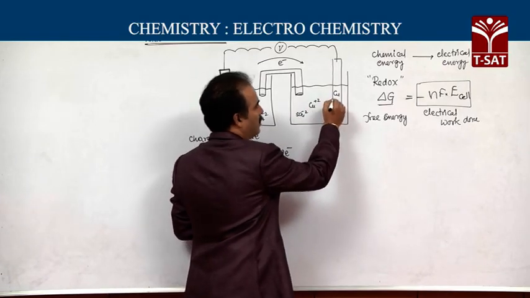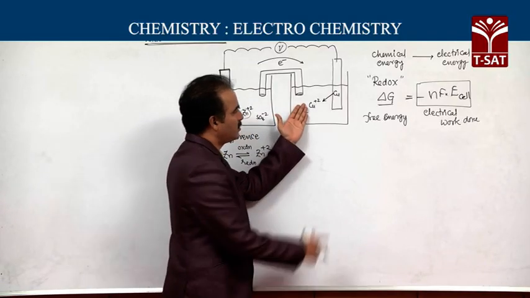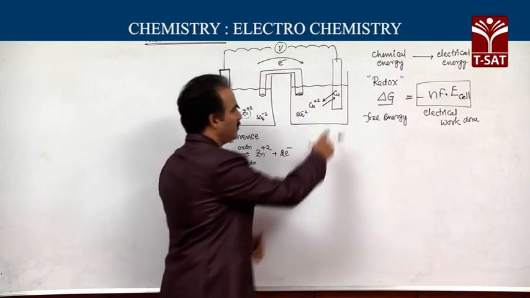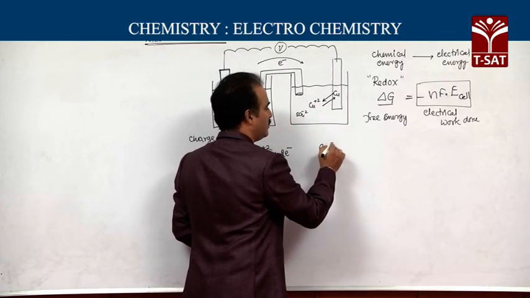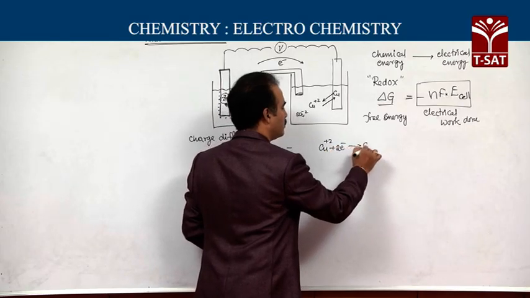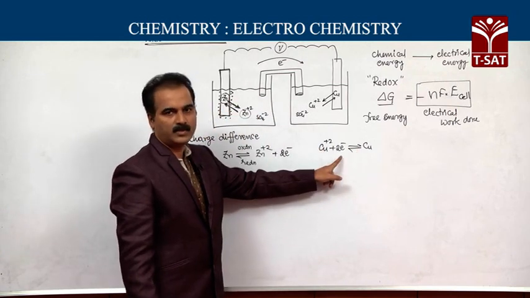Similarly, here copper undergoes dissolution into copper +2, and copper +2 deposits as copper. So, here also we can see two reactions. Copper +2 plus 2 electrons gives rise to copper, and copper gives rise to copper +2 and 2 electrons.